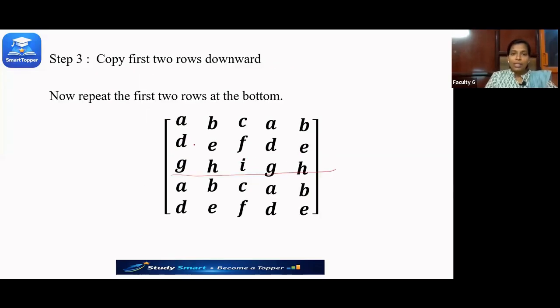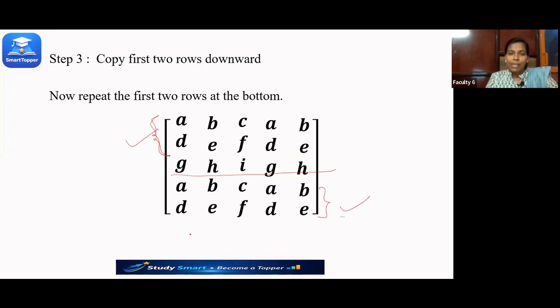So the next arrangement is take the first two rows of the matrix that we have obtained. Rewrite the first two rows at the bottom of the obtained matrix. A, B, C, A, B can be written as the fourth row. A, B, C, A, B. That is the same. Okay, these two rows are the same. So when we are doing the problem, it is very easy to write.